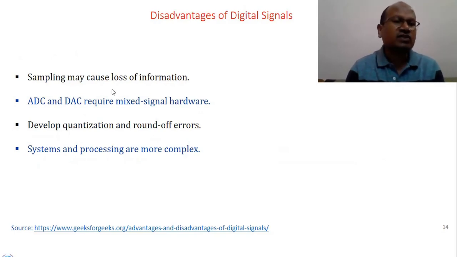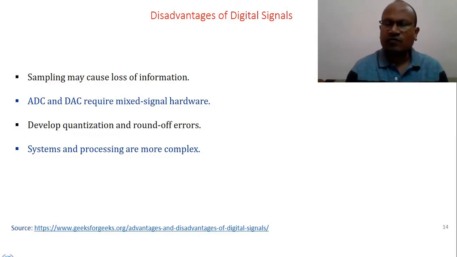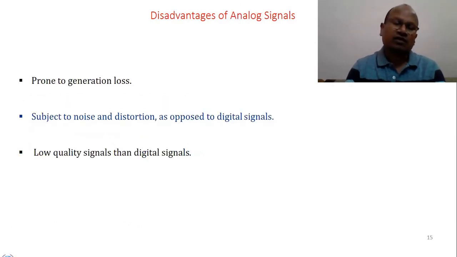ADC and DAC are an extra requirement for digital signal transmission, and digital signals develop quantization and round-off errors also. Even though we don't have much noise in digital signal transmission, quantization and other round-off errors are always there. Systems and processing are more complex in digital signals as compared to analog signals.